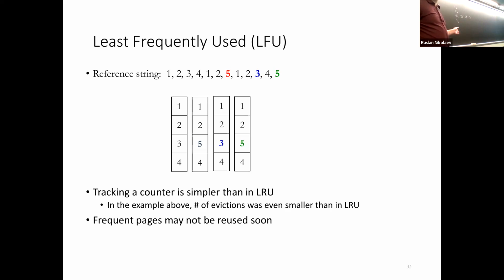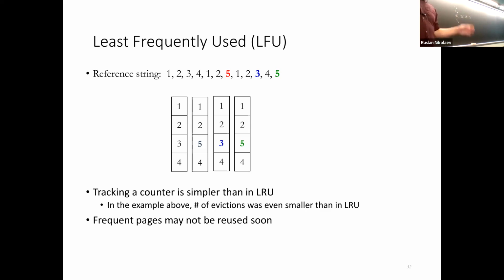That's the disadvantage. Just because a page was accessed for a while, maybe we had a lot of accesses to that page, maybe at some point we are done with that function and we're never going to execute it again, right?